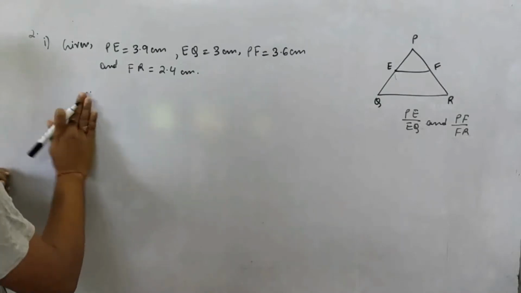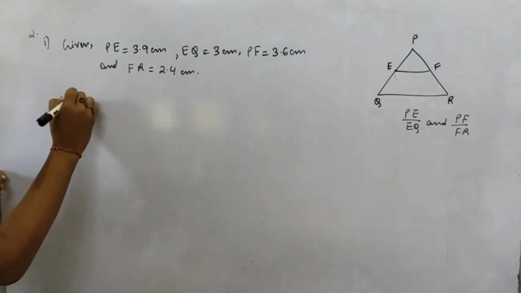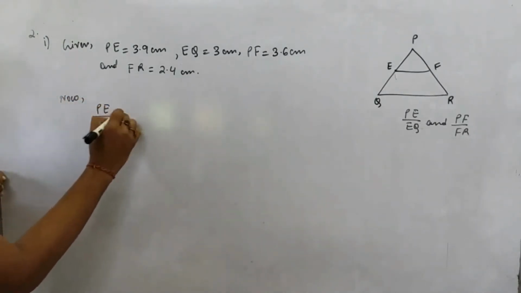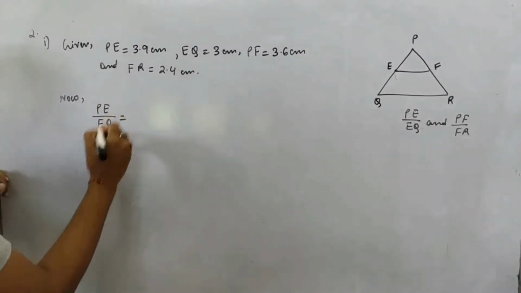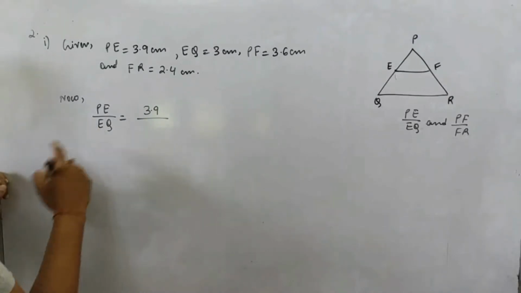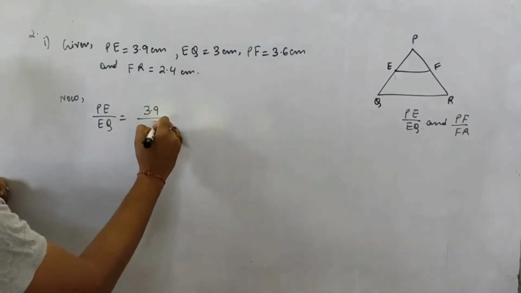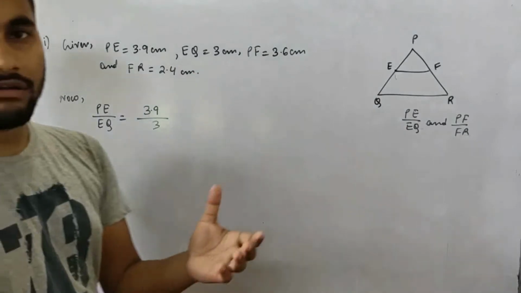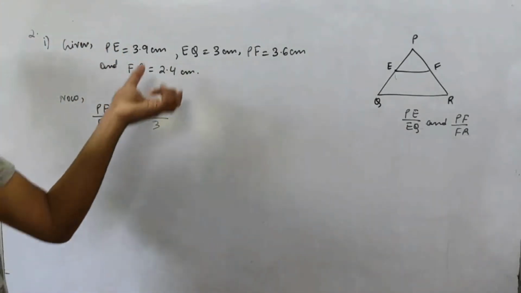Now, PE by EQ. Values are given: PE is 3.9, EQ is 3. I am not going to write centimeter, because it is a ratio, so the unit will get cancelled.